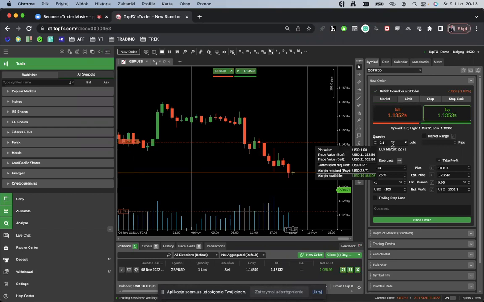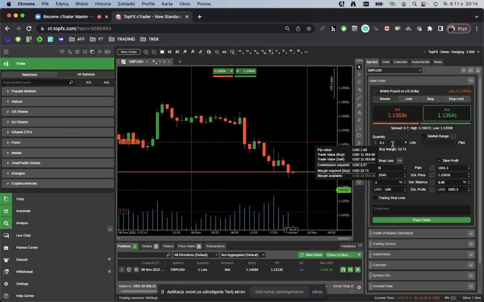A mini lot is 0.1 of a lot, which means if one lot is 100,000 units of the currency, I'm talking about the currency because you can have your account deposit in euro, American dollar, British pound, and so on. So one mini lot is of course 10,000 units of the currency.